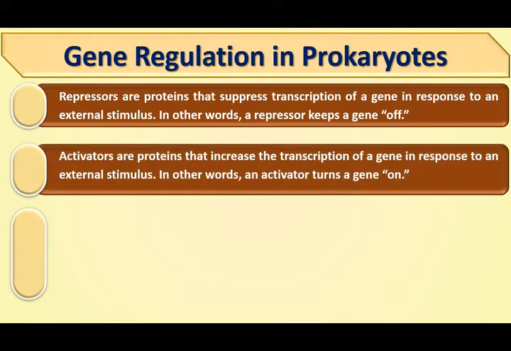Activators are the proteins that increase the transcription of a gene in response to an external stimulus. In other words, they accelerate the operon activity and switch the gene on.